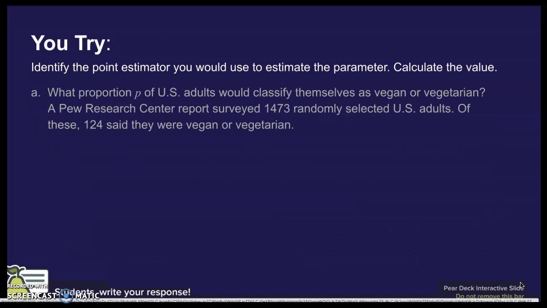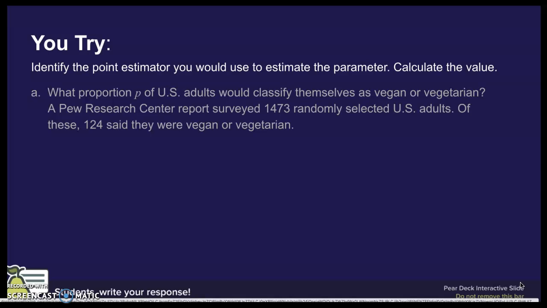So you try. Identify the point estimator you would use to estimate the parameter, and then calculate the value. What proportion p of US adults would classify themselves as vegan or vegetarian? A Pew Research Center report surveyed 1,473 randomly selected US adults. Of these, 124 said they were vegan or vegetarian.